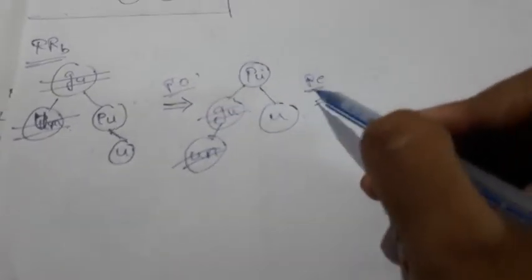PU, GU, UN and U. So I have done the rotation. Next I have to recolor. How will I recolor this?